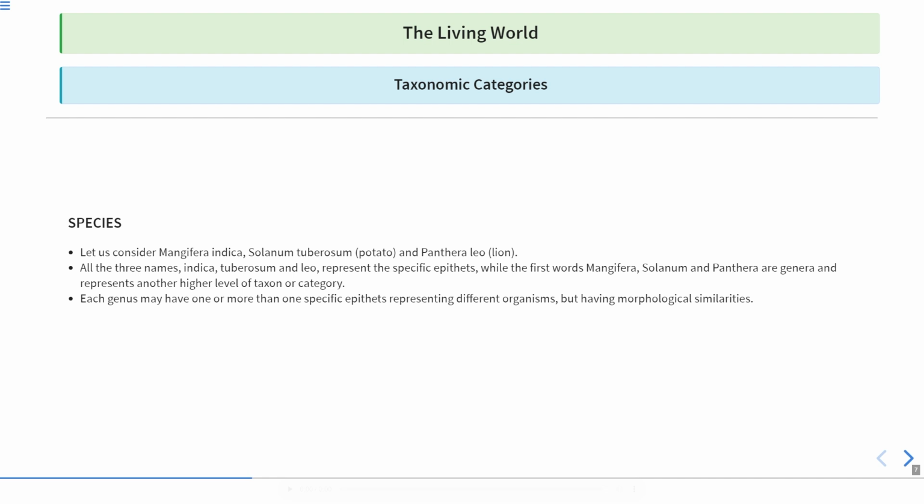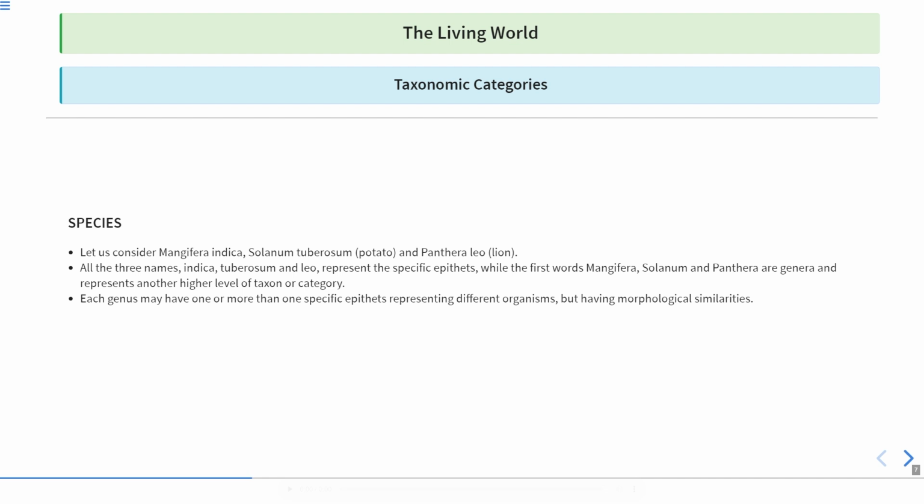In Mangifera indica the second name is indica, in Solanum tuberosum it is tuberosum, and in Panthera leo it is leo. While the first names, Mangifera, Solanum, and Panthera, are the generic names or the genera.